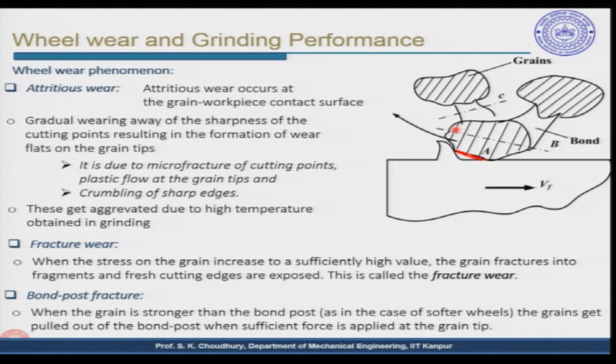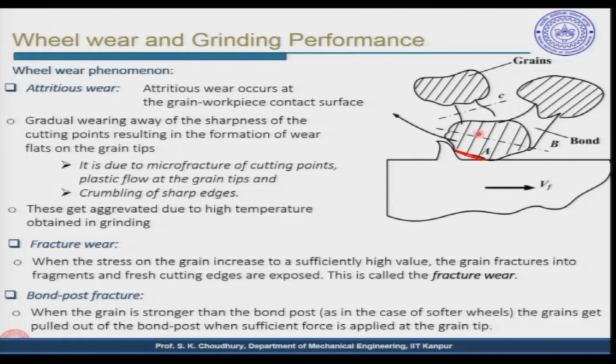Now, as you can see, if the grain fractures along the BB, then there will be sharp grains again, because if the grain fractures, this portion will have sharp edges. So, as we discussed in the case of the steady wear, the grain breaks and the sharp grains are again considered sharp grains.